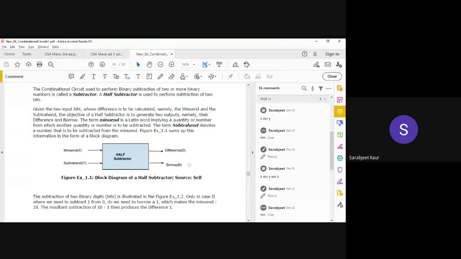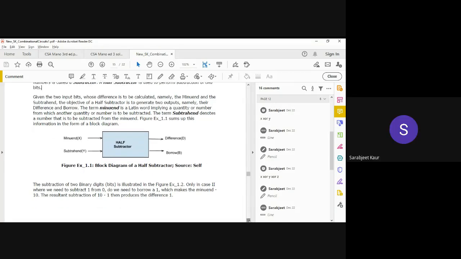If I require to take a borrow from the next position to do this subtraction, then we will put a 1 in this column. So these are the two outputs generated for each input combination of the variables x and y. Is this clear? Yes, ma'am.